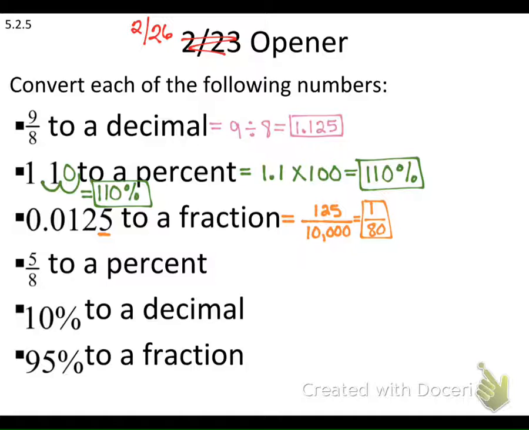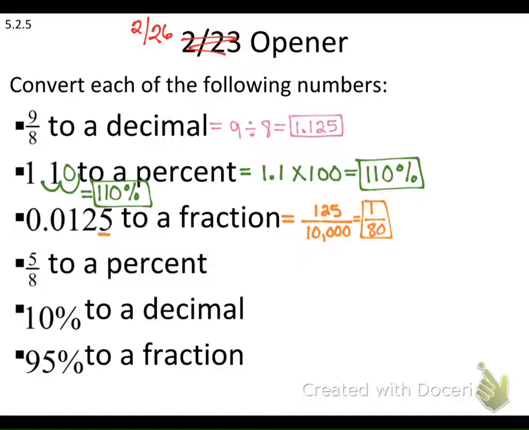It wouldn't reduce it for you. By looking at these two numbers, what are they both divisible by? 5. So you could try to see if they're both able to be reduced by 5. If that doesn't work, what other number should you try? What other number should you try to reduce by? 2. 2 or 5. Okay.